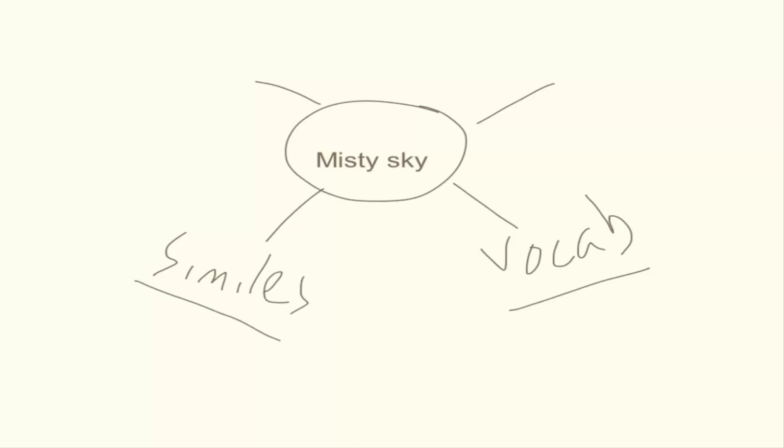So if I wanted to go into a bit more detail about, for example, the misty sky in the first paragraph, I'd be looking at better words to describe it. So I'd be looking in a thesaurus to find better ways of describing misty. I'd be looking for one or two similes to describe the dullness, as gloomy as, gloomy like, or pale, something like that.